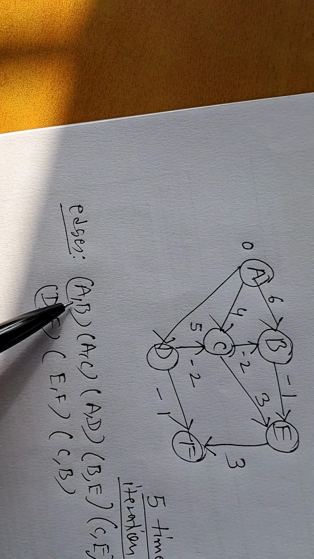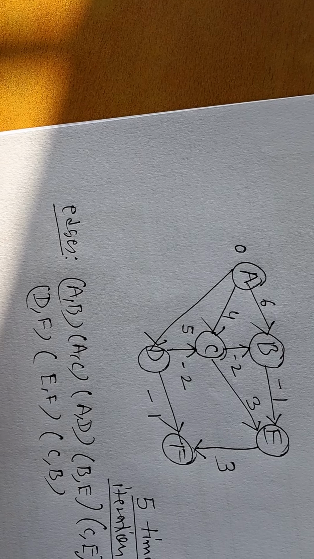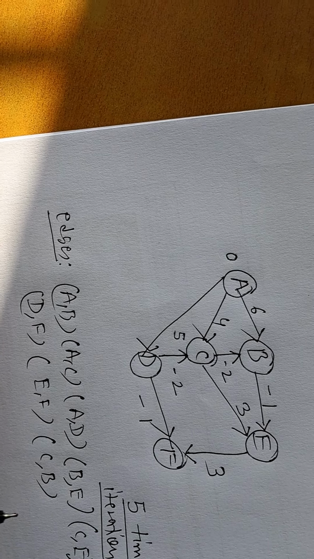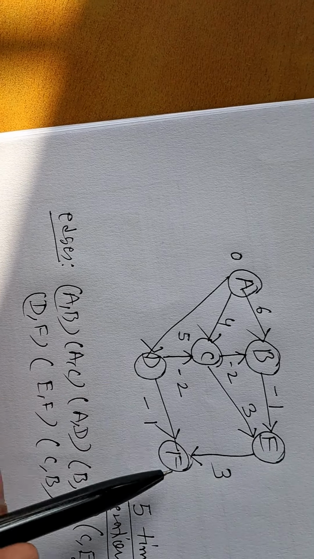How many edges are there? 1, 2, 3, 4, 5, 6, 7, 8, 9.